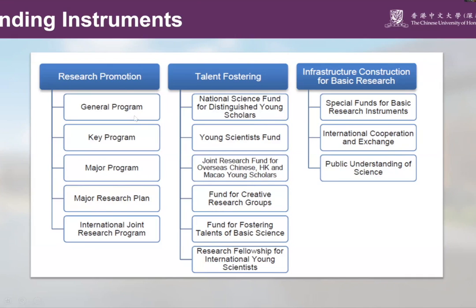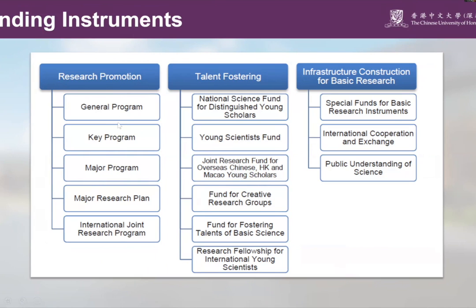The most popular one is the research programs that promote basic research. This consists of the general grant, like NSERC, just a personal research grant. And there's also the key project, the major project, and the major research plan.